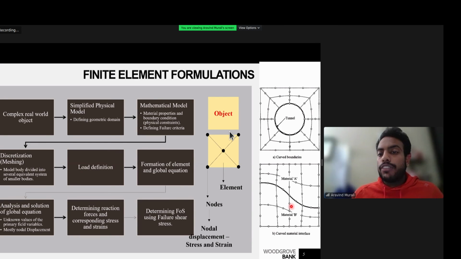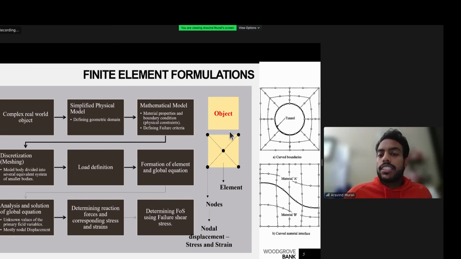The formulation of the finite element method involves the following process. A real-life complex body is scaled into a simplified physical model in which the material properties and boundary conditions are assigned to simulate the field condition. The simplified object is further discretized into several elements connected together by nodes. Then each element is considered separately to form an element equation, which considers all the external and internal stresses of the system.